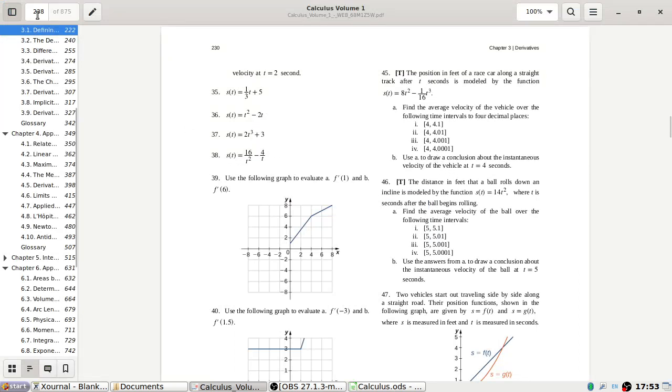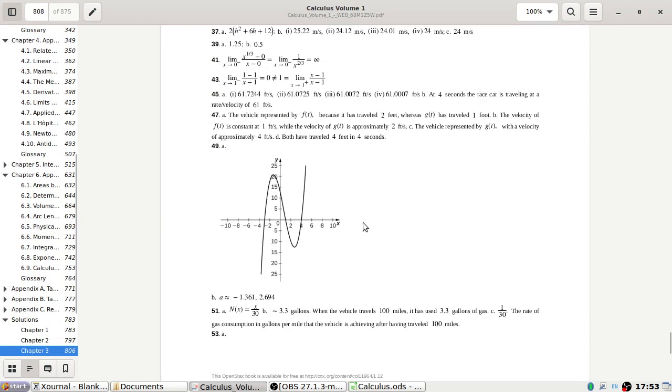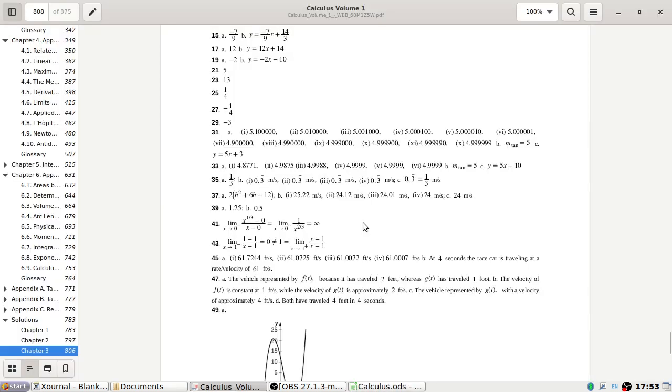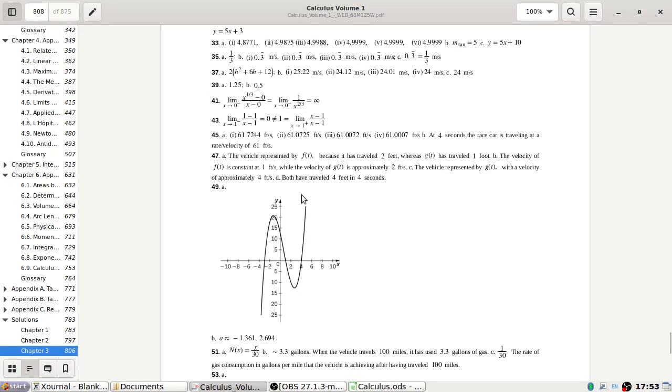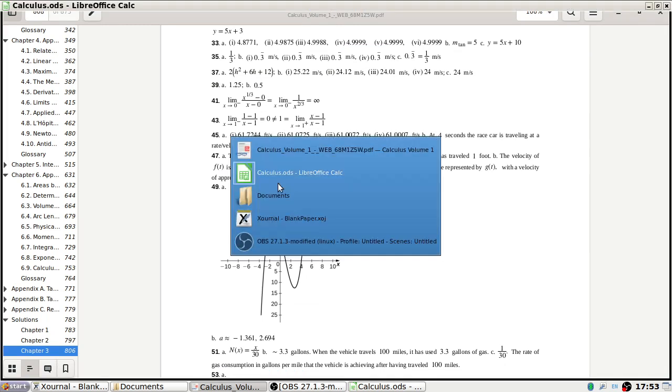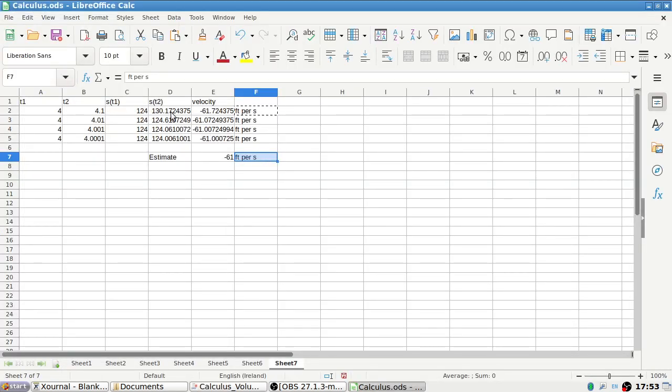Okay, that answer should definitely be right at the back. Where is it now? Oh, but they're all positive. So maybe I mistyped it in.